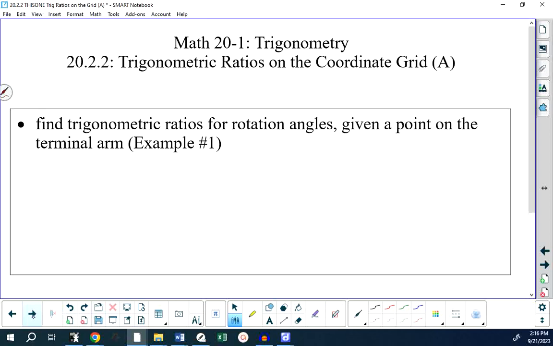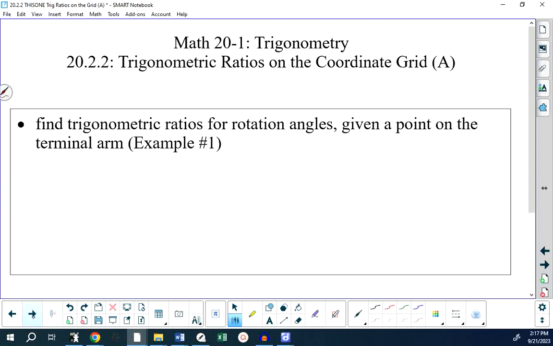So I want you to pay careful attention to my objectives today. Find trigonometric ratios for rotation angles if I give you the right information. That is example 1. I say that because there's a whole bunch of different types of examples we're going to be doing today. And later on, when you look at your assignment, there'll be questions that will say, do this, it's like example 1.